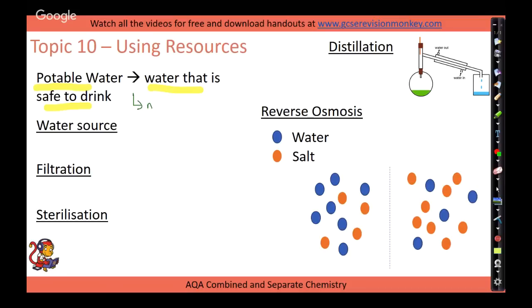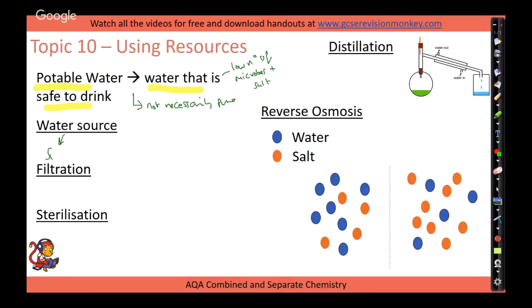So I'll add here, not necessarily pure. It just needs to have a low number of microbes and salts to be potable and safe to drink. So to make water that is safe to drink, we're not necessarily going to have pure water, but we're going to have some sort of water source.